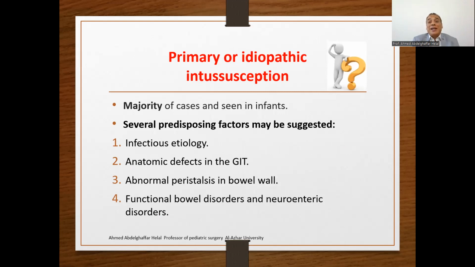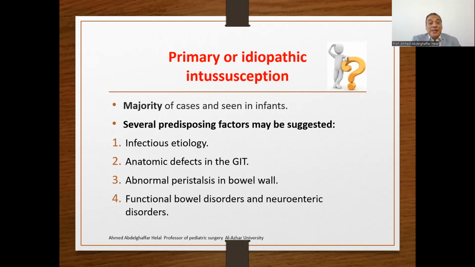Several predisposing factors may be suggested to explain what happened. Number one, some pediatric surgeons document that an infectious etiology is the cause of primary intussusception, or maybe anatomic defects in the developing gastrointestinal tract, or maybe abnormal or altered peristalsis in the bowel wall, or maybe functional bowel disorders and some poorly understood neuroenteric disorders.